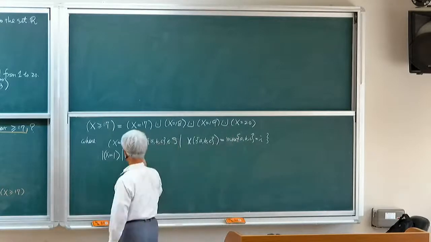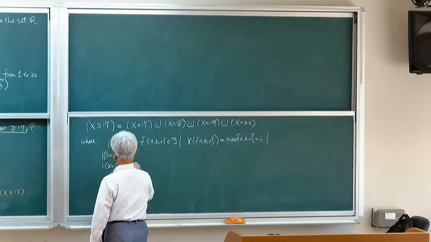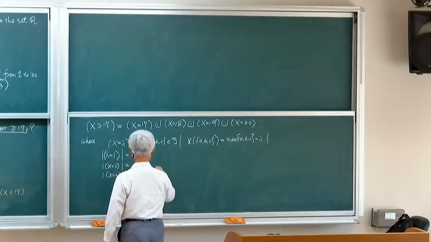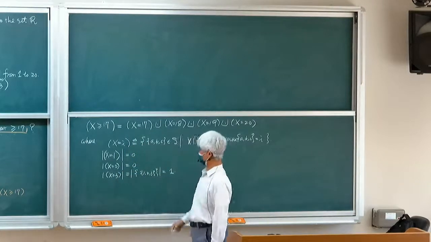So this is 0. This is also 0, and x equal to 3 is just 1, 2, 3, so it's equal to 1.